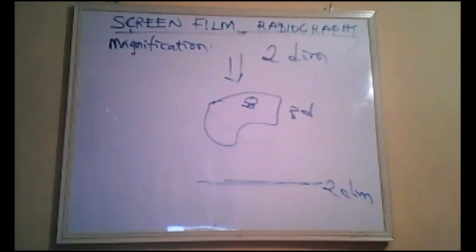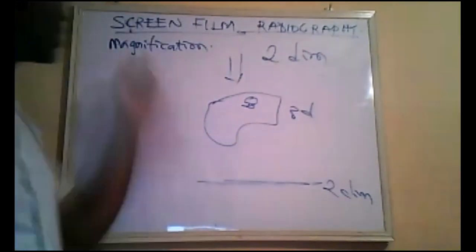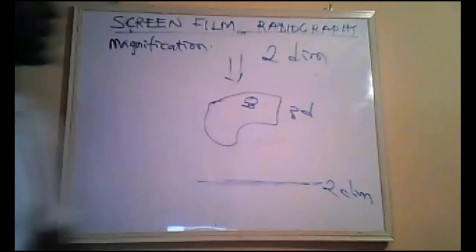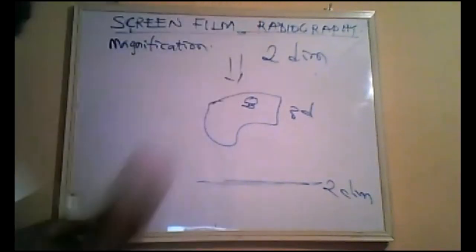That's one of the problems that is occasioned with screen film radiography. Not just screen film radiography, but even our digital radiography has the problem of superimposition of structures on one another. So we go to magnification.